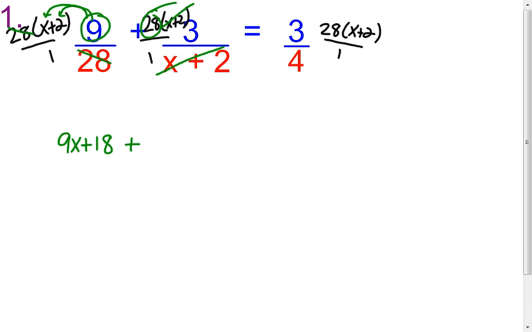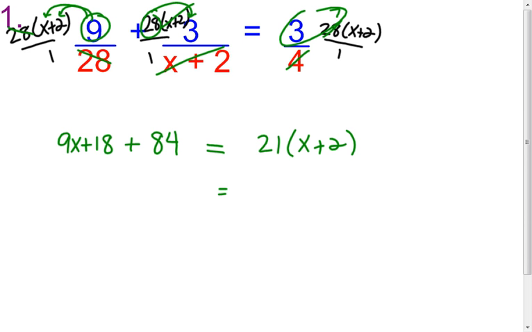So I have 28 times 3, and 28 times 3 gives me 84 equals, and then over here, this 4 will cancel with this 28 and make 7. So then I have 3 times 7, which is 21, which I then need to distribute to that x plus 2. So when I do that, I will have 21x plus 42.